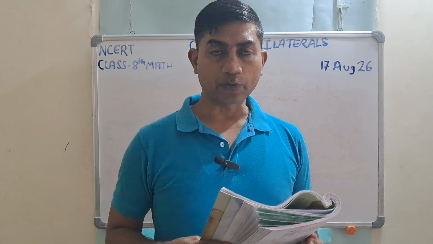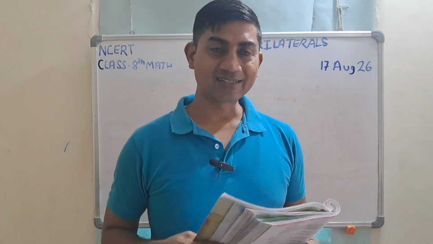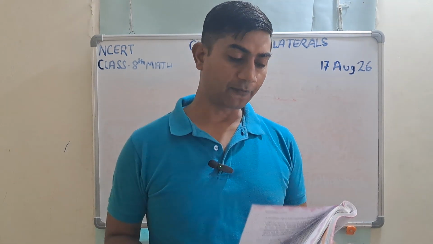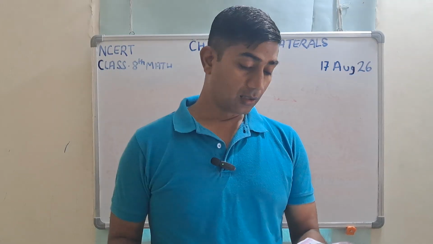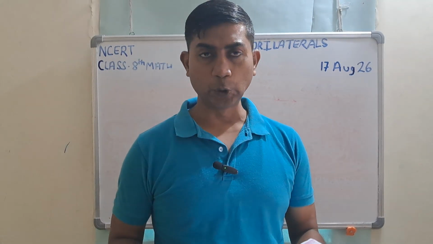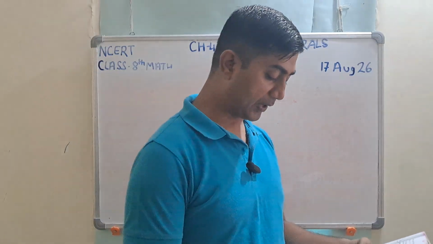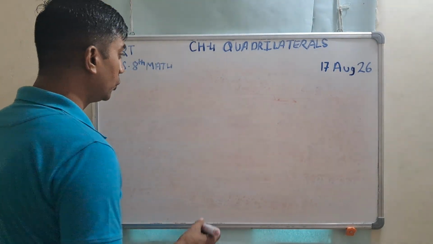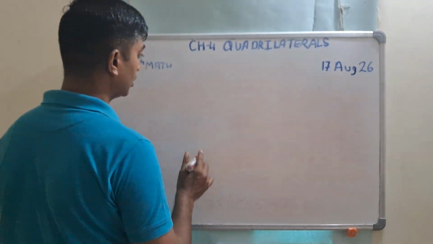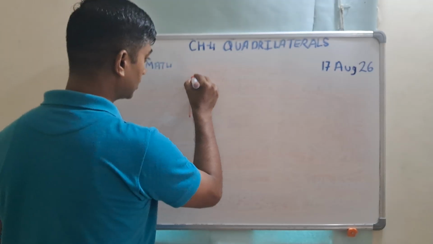Now we will move to question number 5, and in this class we will do up to question number 5, and then the rest of the questions we will do in the next class tomorrow. What is our question number 5? They have given us two rectangles.